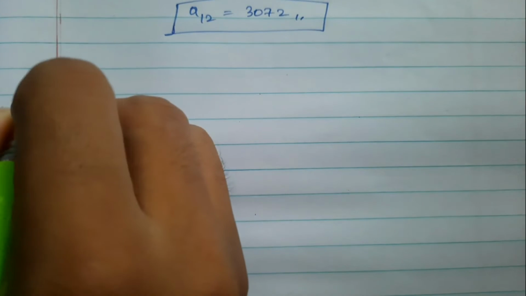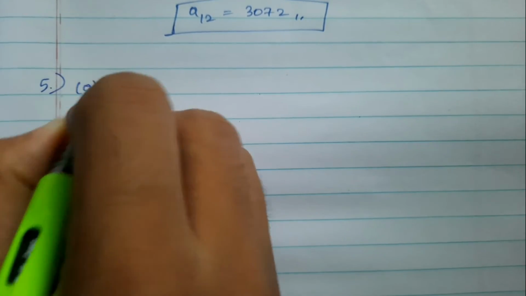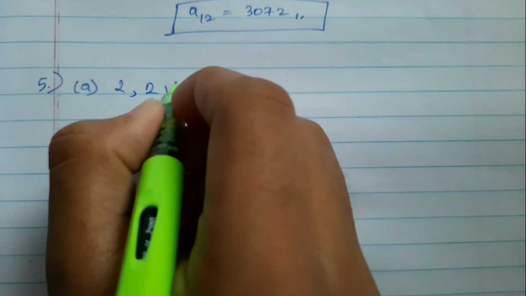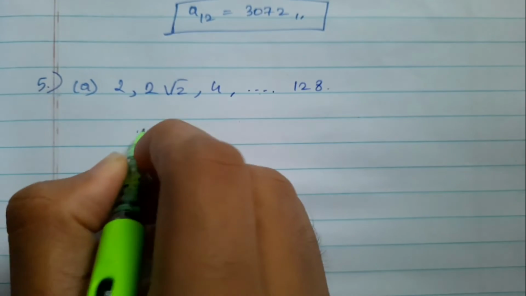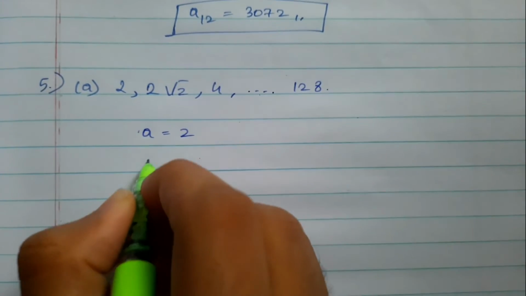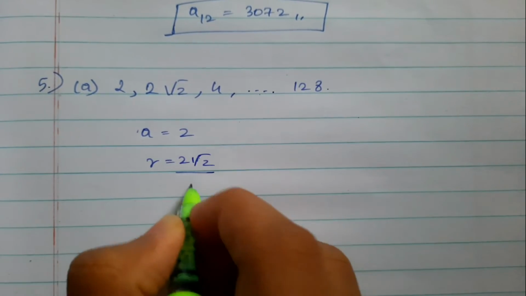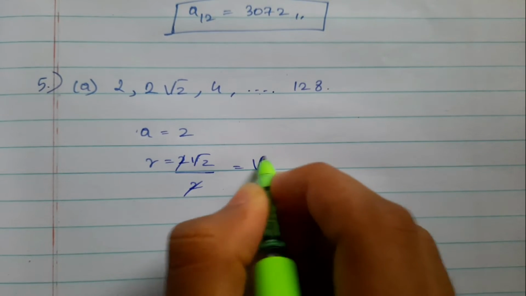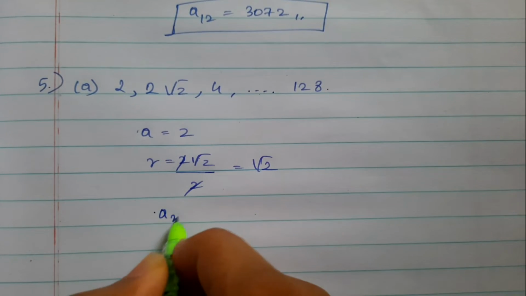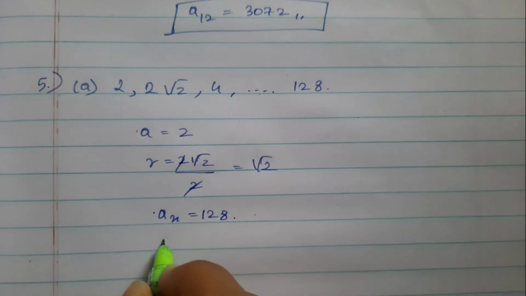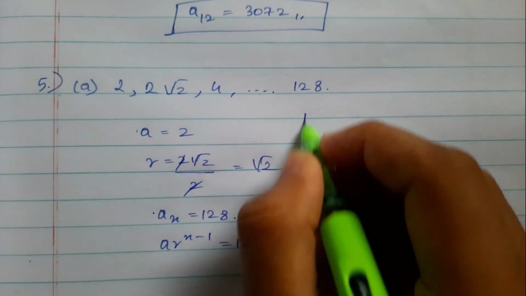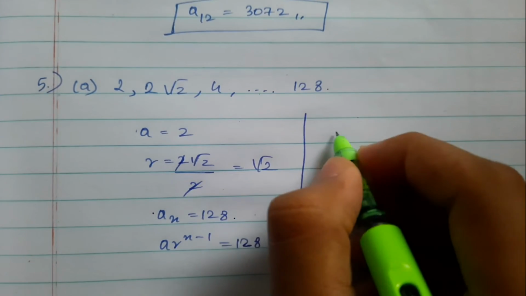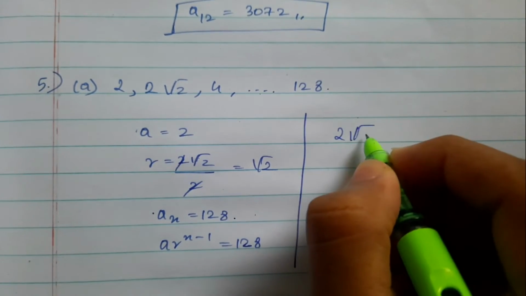Next question number 5. 2, 2 root 2, 4, etc., 128. Here first term A equal to 2, R equal to common ratio 2 root 2 by 2, that is 2 cancel, root 2 answer. Therefore An equal to 128, in the place of An write the formula AR power n minus 1, that is equal to 128.